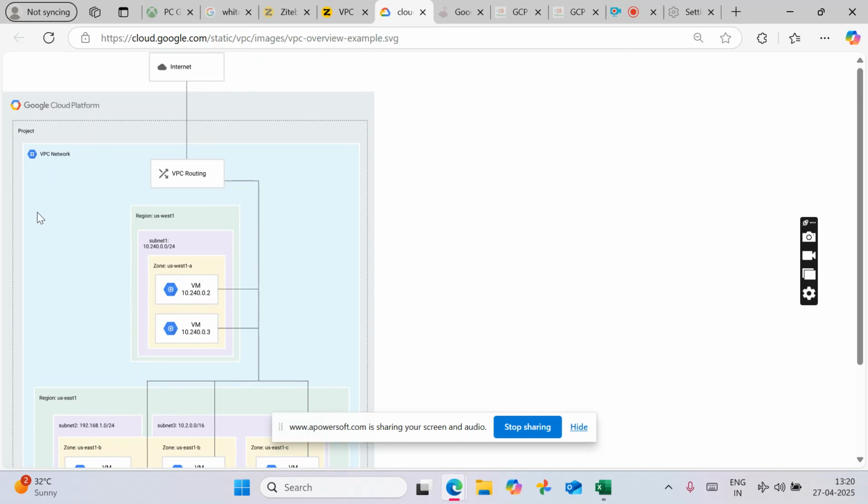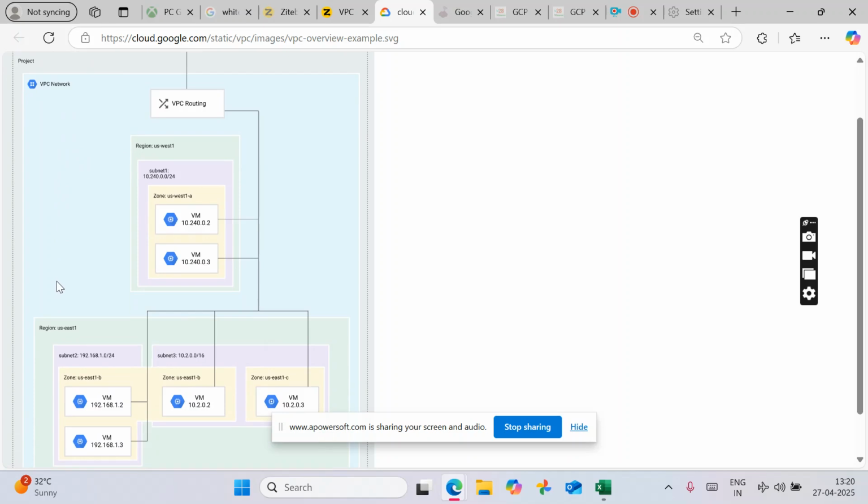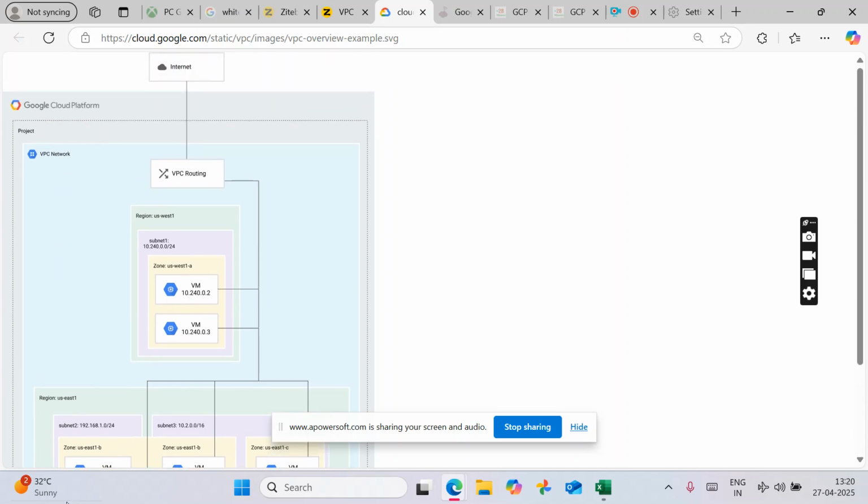We can also share a VPC across multiple projects, and with a shared VPC we can set up the host project and the other projects can be in other subnets, so that you give a kind of access to create and maintain multiple projects with the shared VPC.